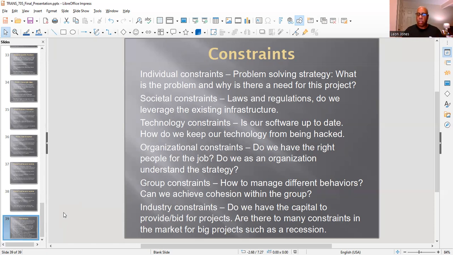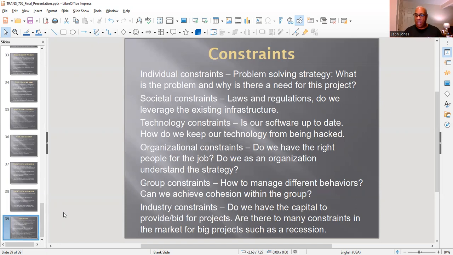And then what about the laws and regulations? And that comes within how do we purchase property? There's a law. Eminent domain, regulations. And when it comes to society, who in society is going to oppose the project?